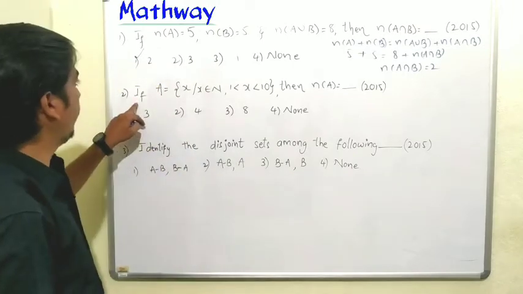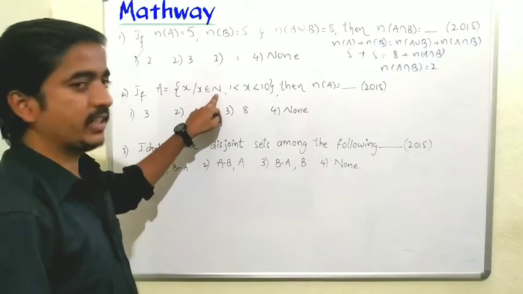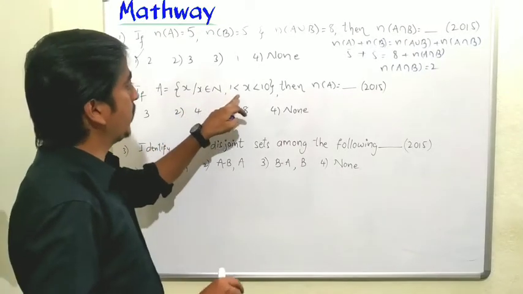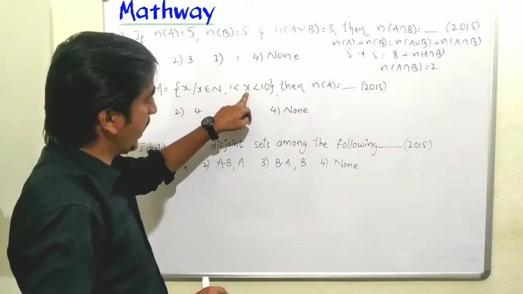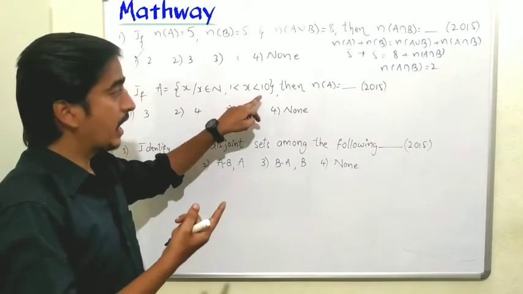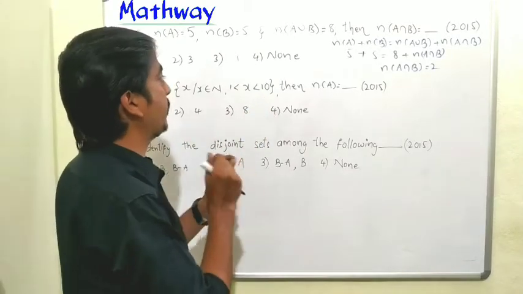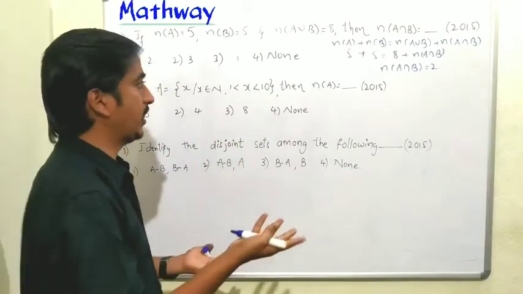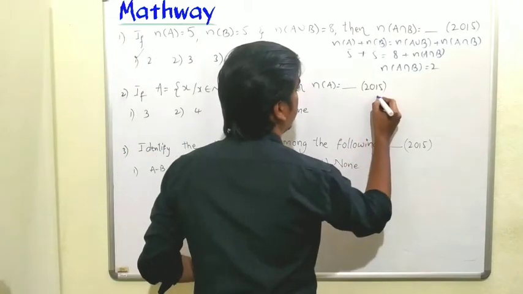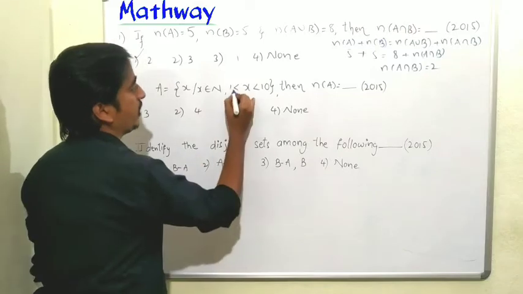Second question. If A equals the set of X such that X belongs to N, meaning X is a natural number, but 1 is less than X less than 10. So our X is greater than 1 and less than 10, in between 1 and 10. What are the numbers in between 1 and 10? Here we don't take 1 because it did not say equal to.